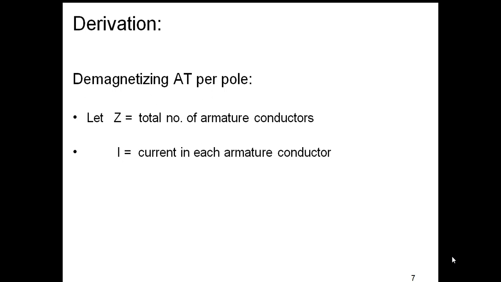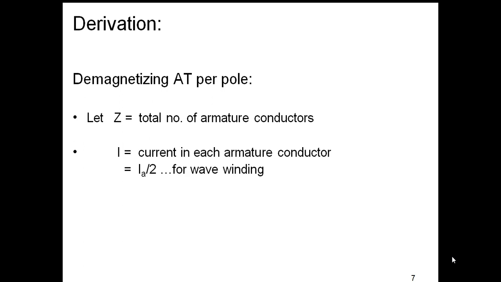Now let us see the derivation. Demagnetization ampere turn per pole. Let Z be the total number of armature conductors and I be the current in each armature conductor.